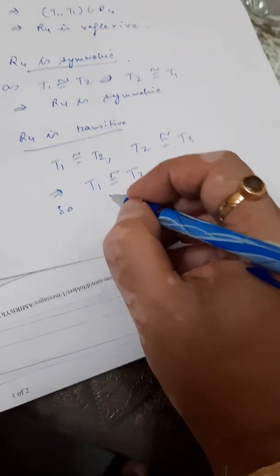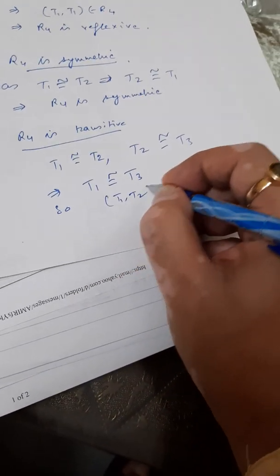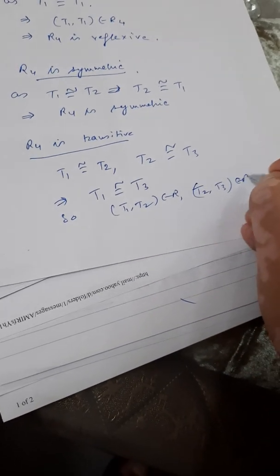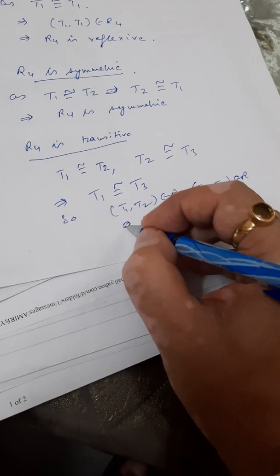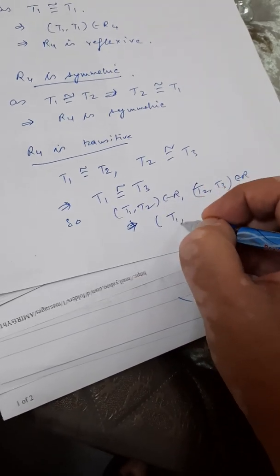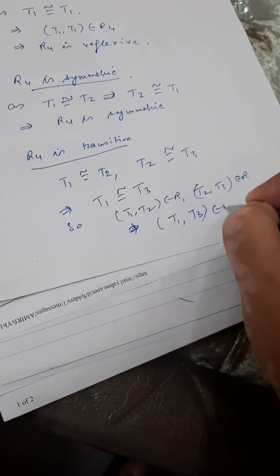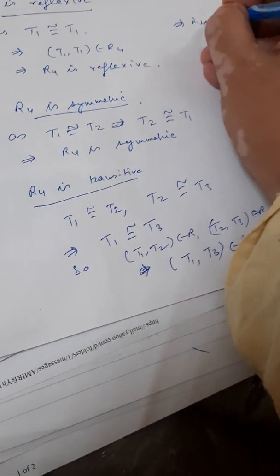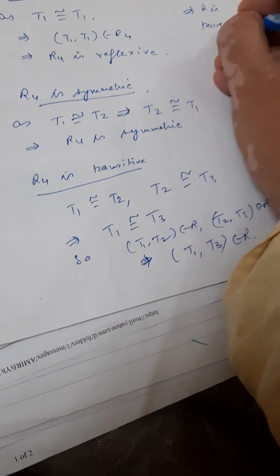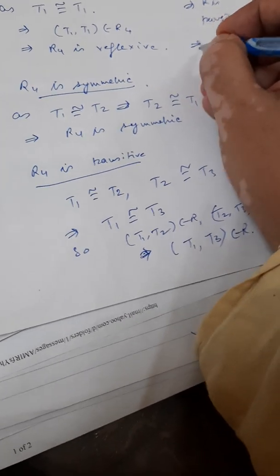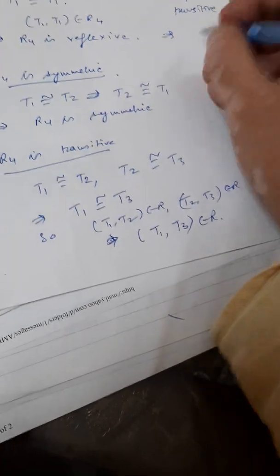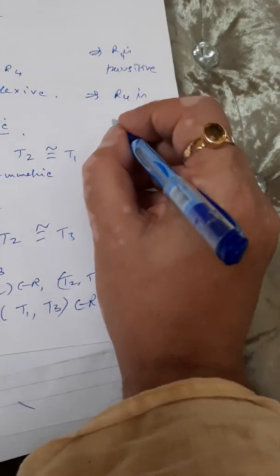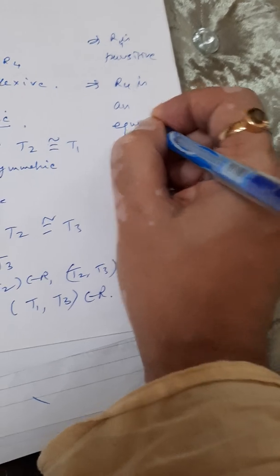So (T1, T2) belongs to R, (T2, T3) belongs to R implies (T1, T3) belongs to R. And so R4 is transitive and hence R4 is an equivalence relation.